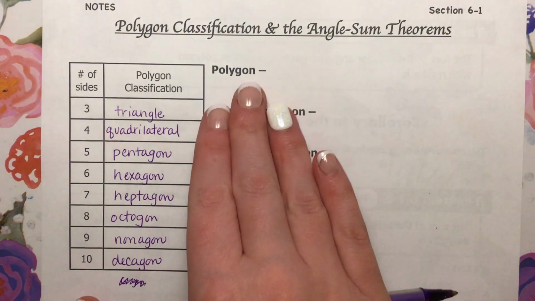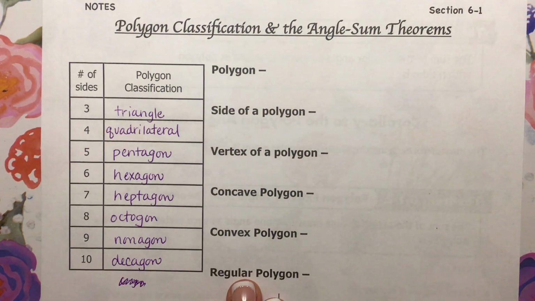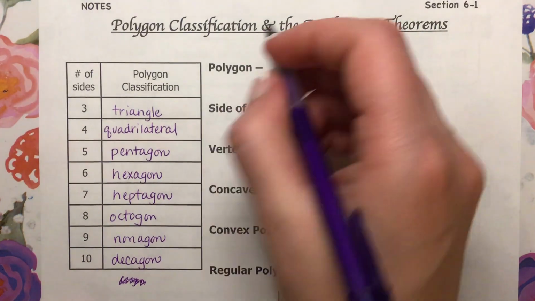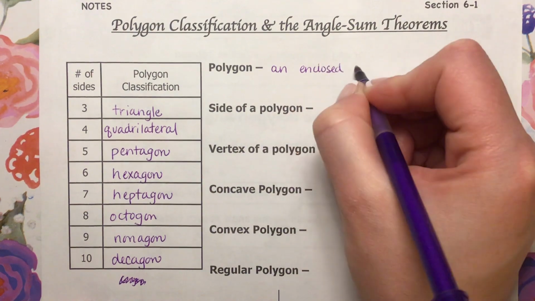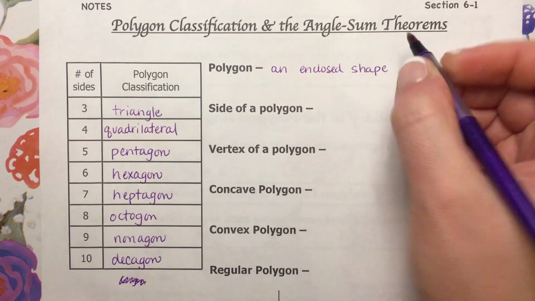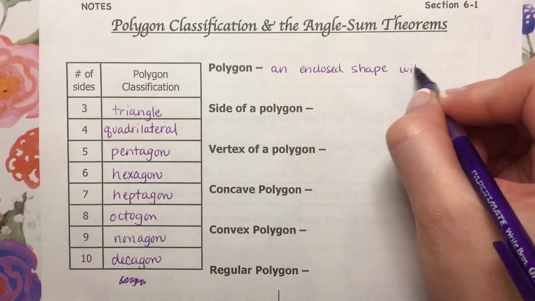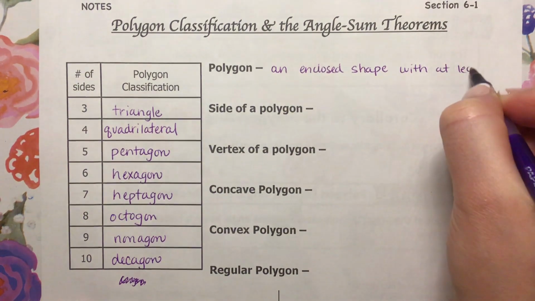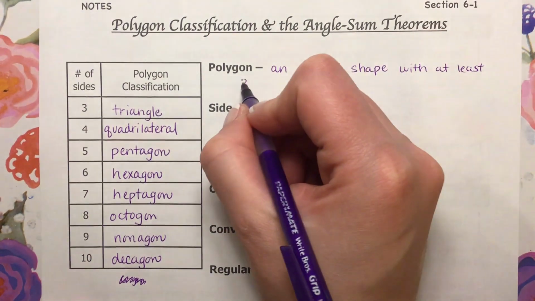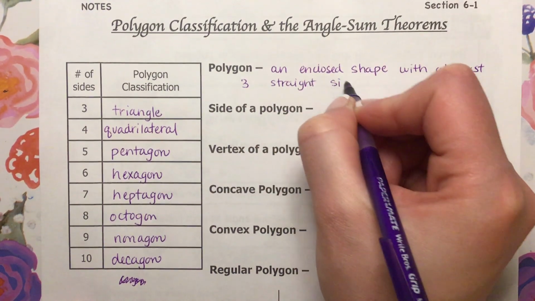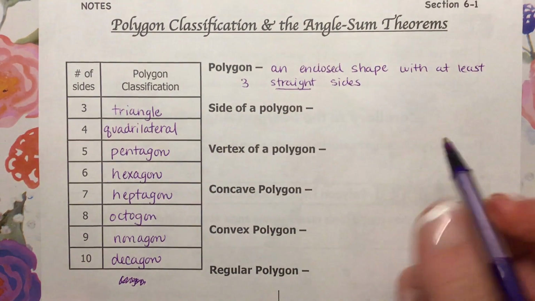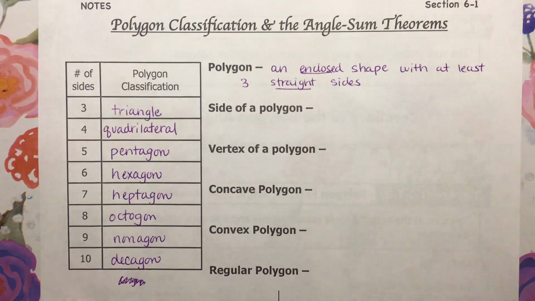Now, what exactly is a polygon and what are the parts of a polygon? Well, first of all, a polygon is an enclosed shape with at least three straight sides. So you have to have straight sides and it has to be enclosed.